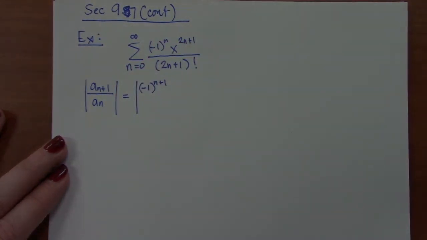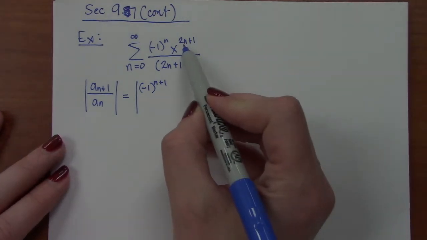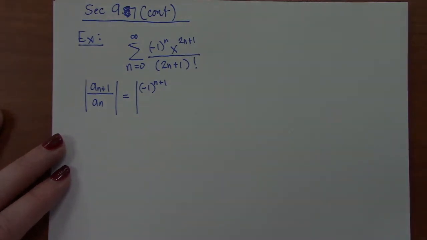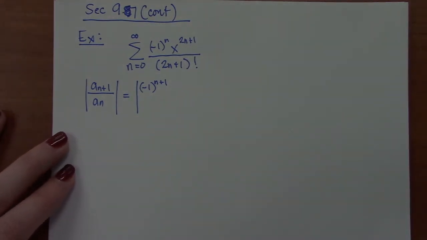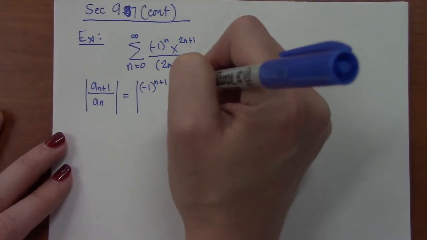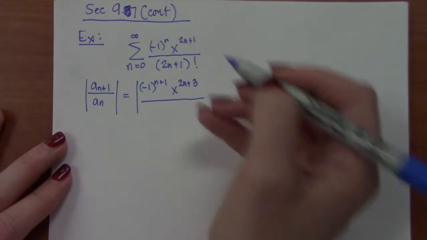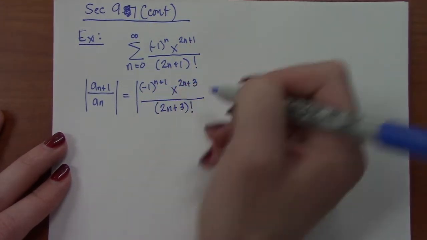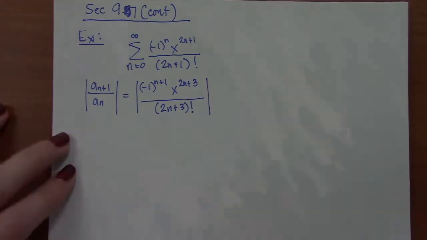So when I do the n plus 1 term, when you plug n plus 1 in here next to the 2, it's going to roll out to be 2n plus 2, and then when you add it to the 1, you're going to get x to the 2n plus 3. The same thing is going to happen in the denominator with the factorial.